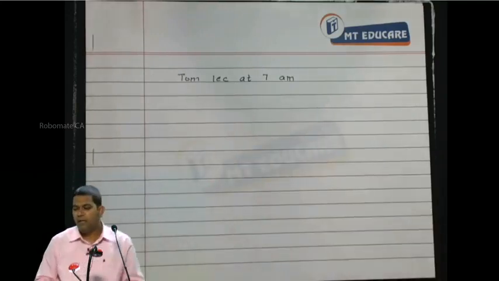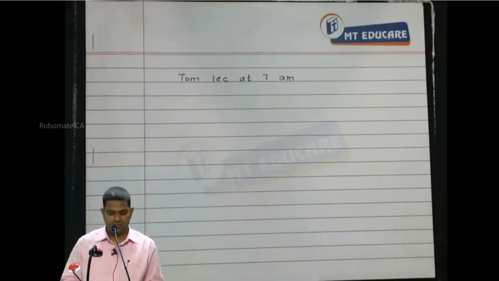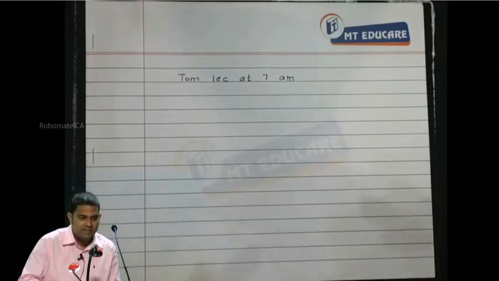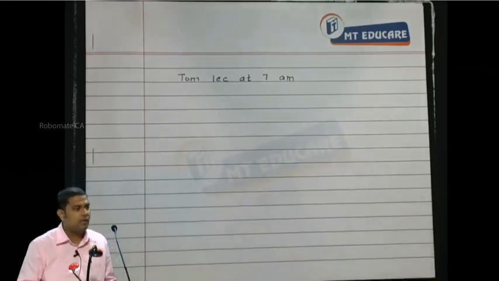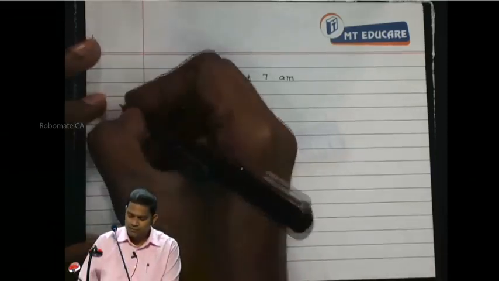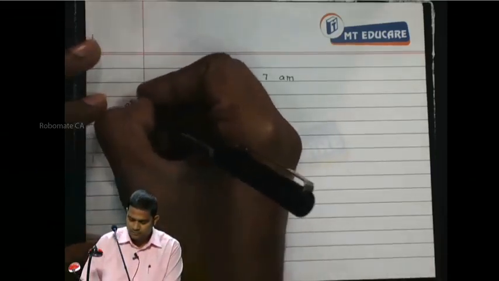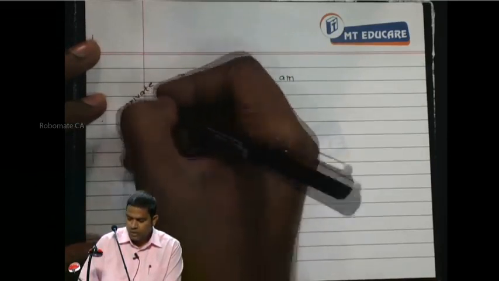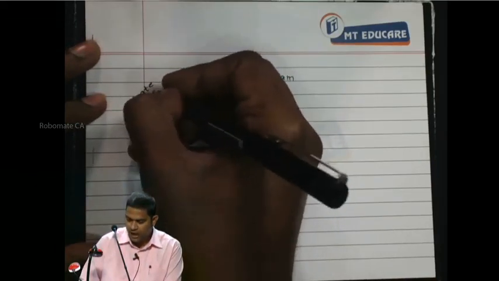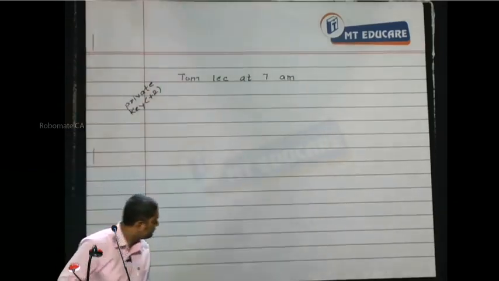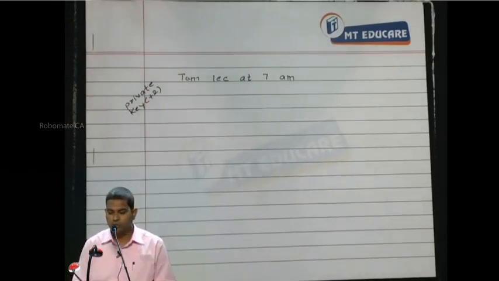So I will be encrypting this message. Encryption of this message means I will convert this data into a format which everyone will not understand. How to do that? I'll be using something called a private key, which is actually an algorithm where I will be adding +2 to this data.